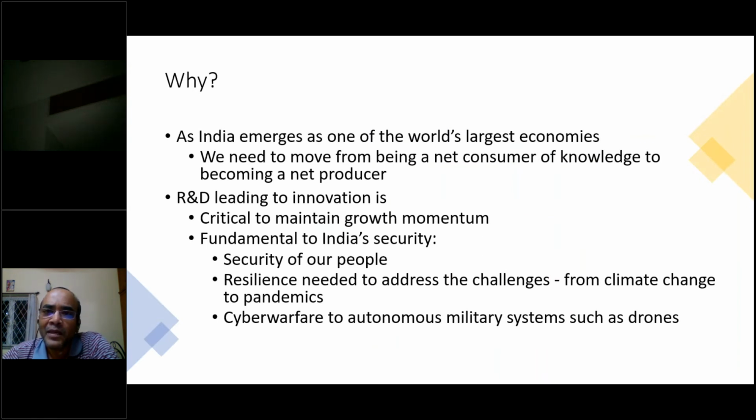For as long as a country, we've been a consumer of knowledge. We have not been a producer of knowledge. And that is something that hurts a country like India as we are emerging as one of the large economies. We really want to get there. And R&D leading to innovation is critical for that.